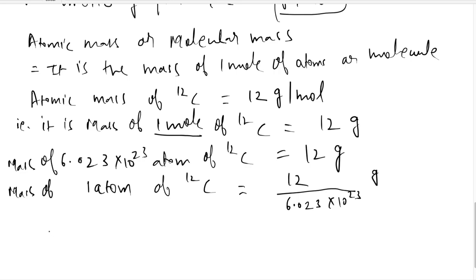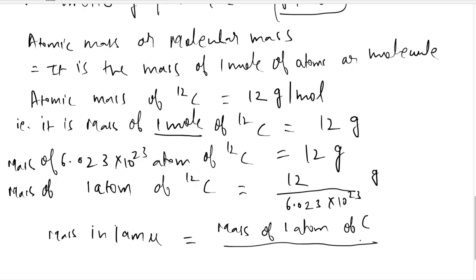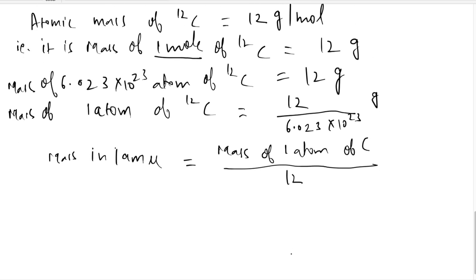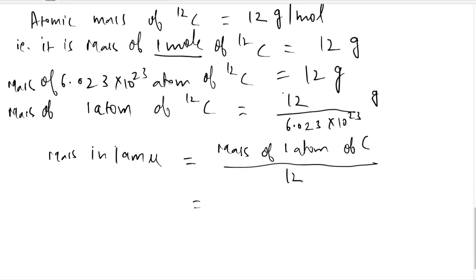So mass in AMU is the mass of 1 atom of carbon divided by 12. We just have to put in this value.